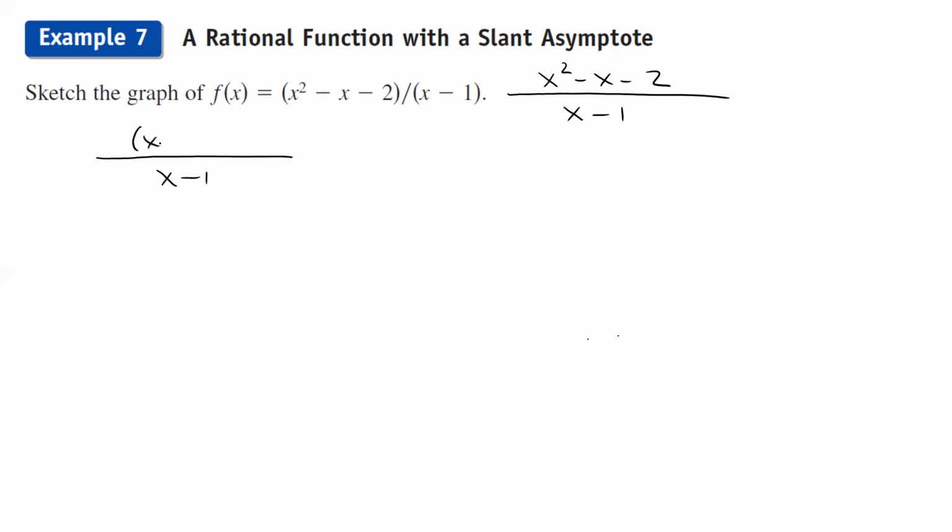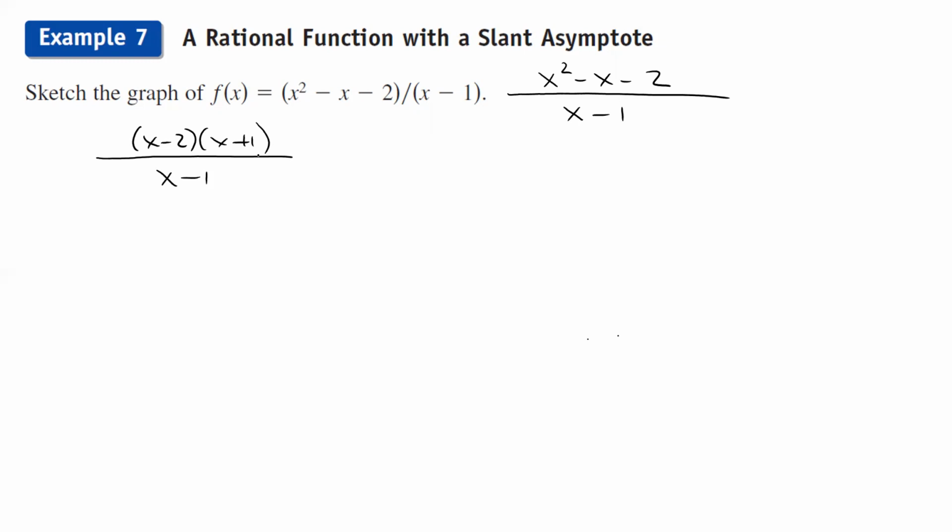Okay, x minus 2, x plus 1. Awesome, that's cool. Nothing cancels, right? So no holes here.